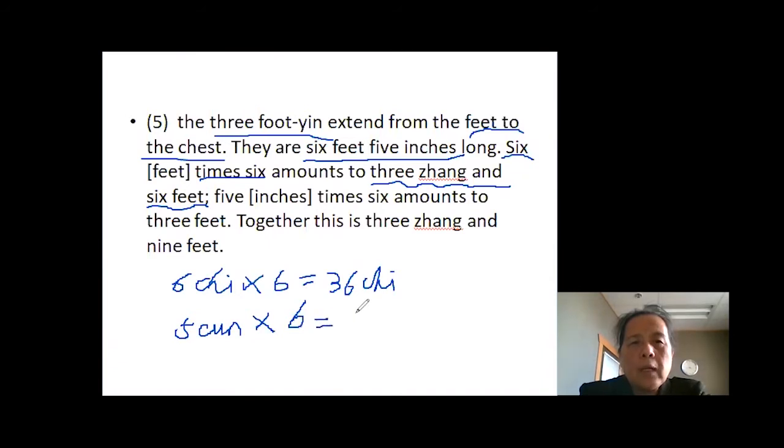That's equal to 3 尺. 尺 is feet. And then adding together is 39 尺, or we can say 3 zhang and 9 尺.